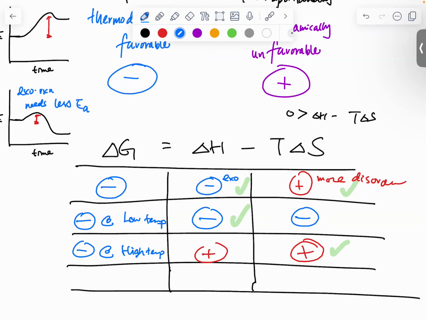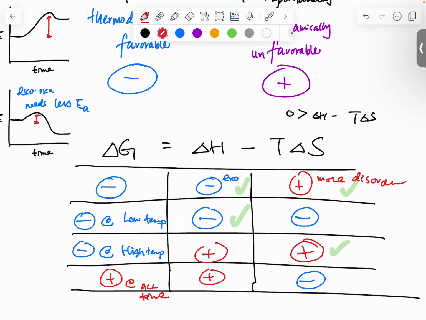Delta H is not helping, so you want to have the negative term to be bigger so that it becomes overall negative. And if it is positive and then negative, then they're both not helping. And that means it's going to be positive, non-spontaneous at all temperature, at all time. So changing temperature won't make it happen.